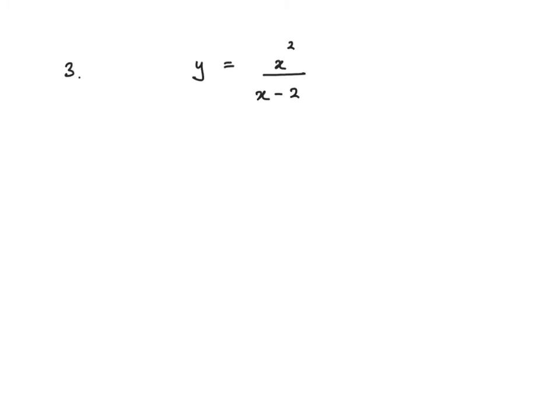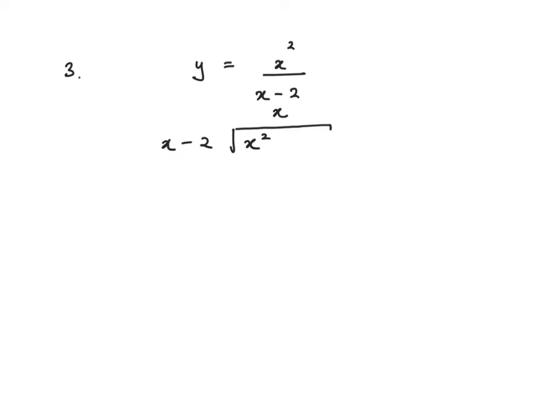Now when it comes to the asymptotes, what we need to realise is that we have an improper rational function here. So we have an x squared on the top and an x on the bottom. We need to carry out this division. So x minus 2 dividing into x squared. What do I multiply x by to get x squared? I multiply by x.